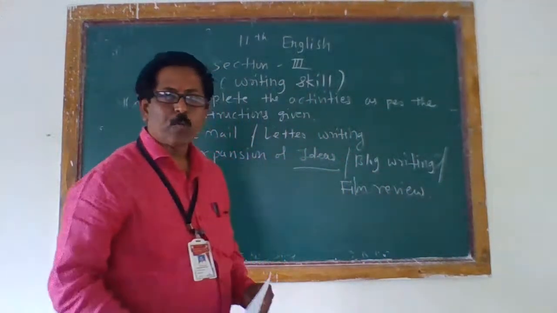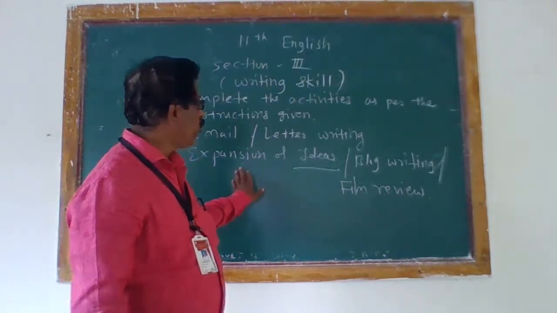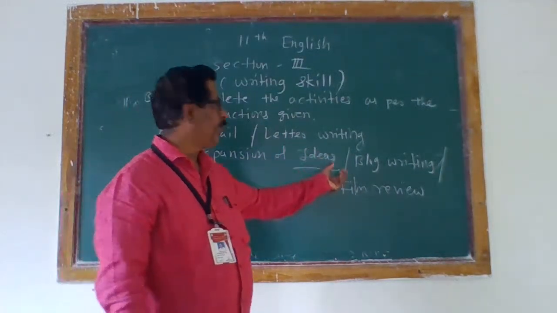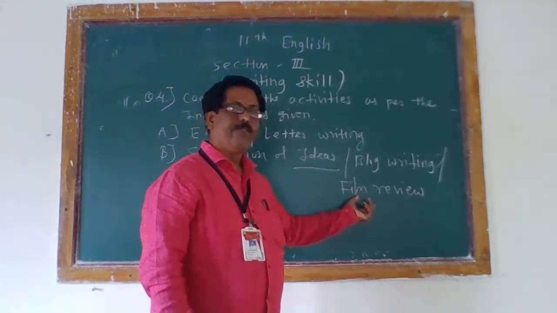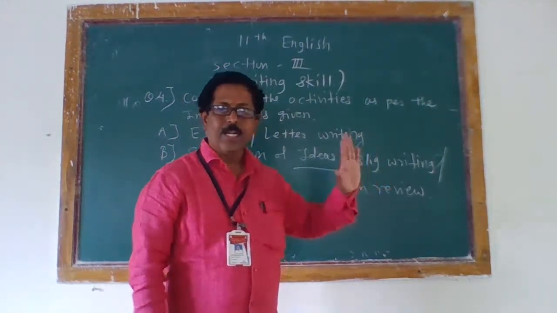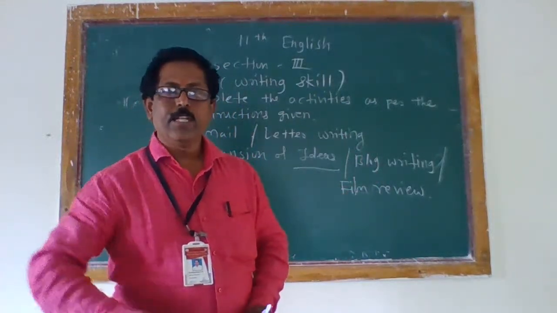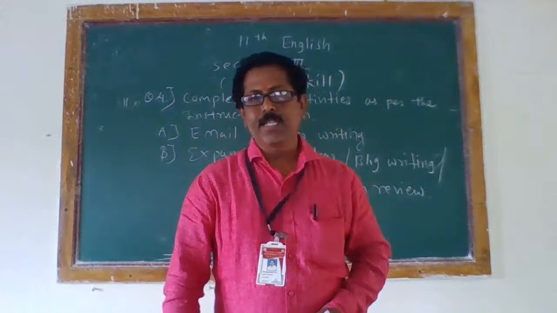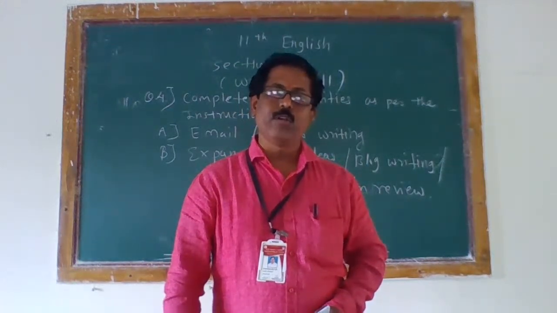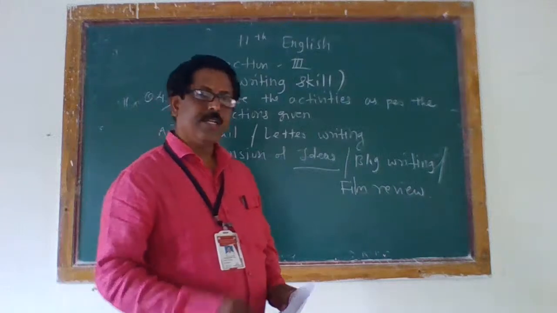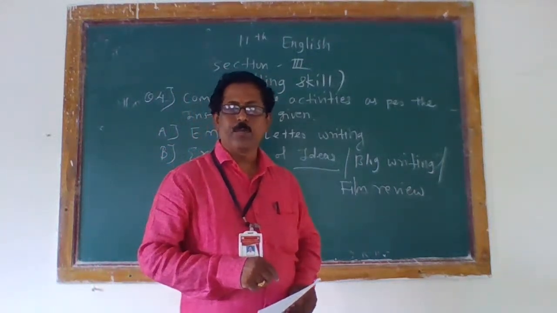So you have so many options in expansion of ideas. You may have an activity of expansion of ideas, or you may have an activity of blog writing and film review. So blog writing, as I told you, is like the freelance column in the newspaper, where editors write what they feel about the situation, what they feel about the surroundings.